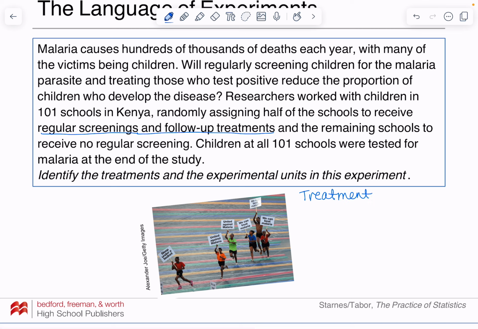All right, so treatments would be regular screenings and follow-up treatments. Okay, and the other treatment would be no regular screening. So getting nothing is also a treatment.